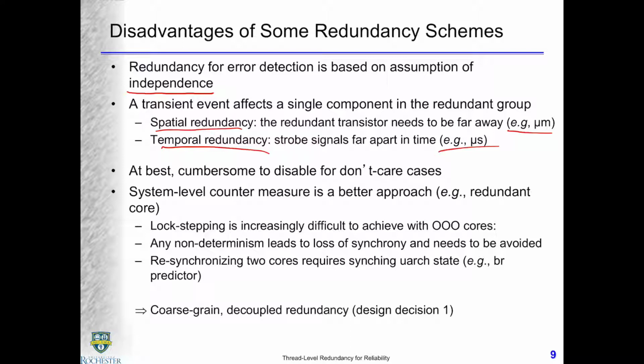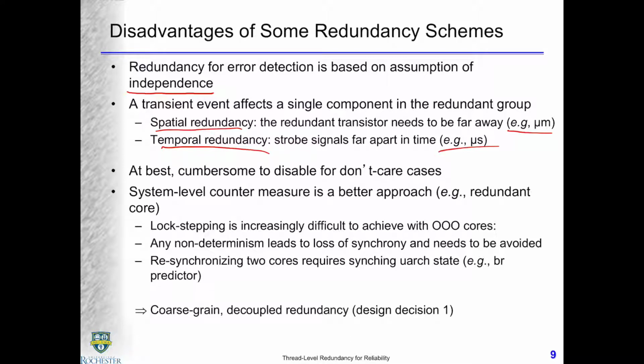Also, suppose you have some redundant circuit design from a circuit designer. I want to turn it off when I'm running an application where I don't care about errors, say, playing whatever popular game right now. It would be very cumbersome to disable these for the don't-care cases.